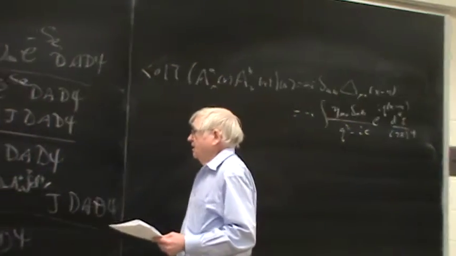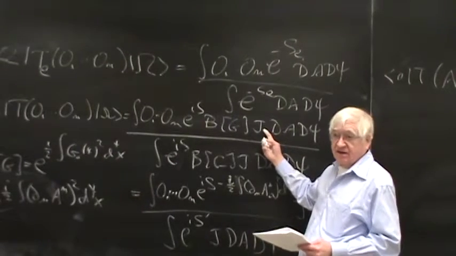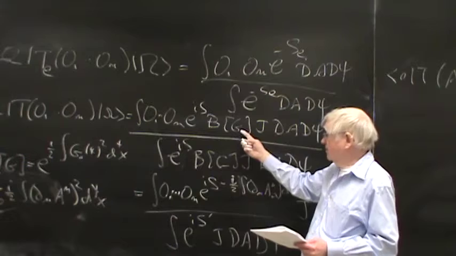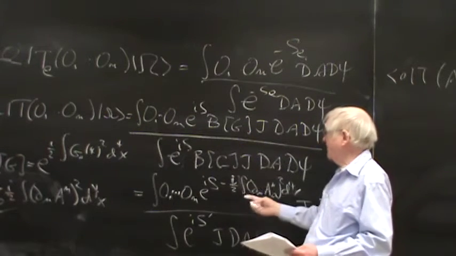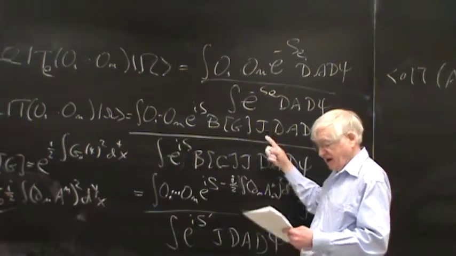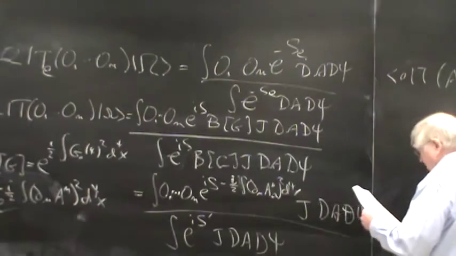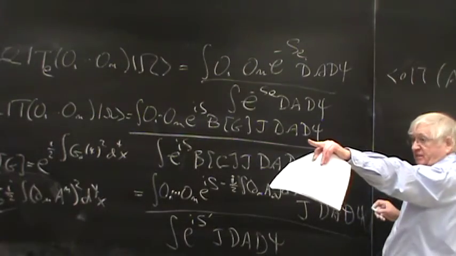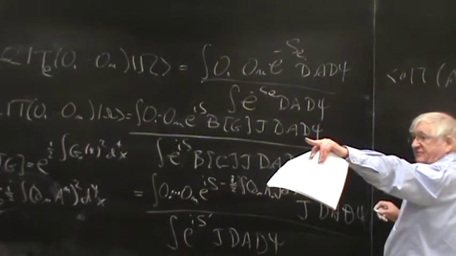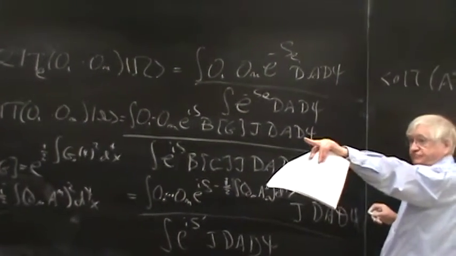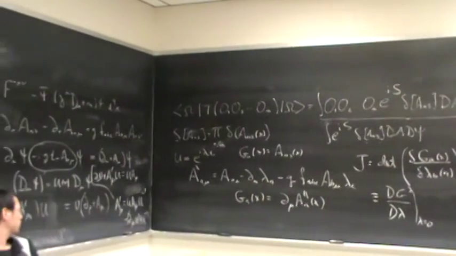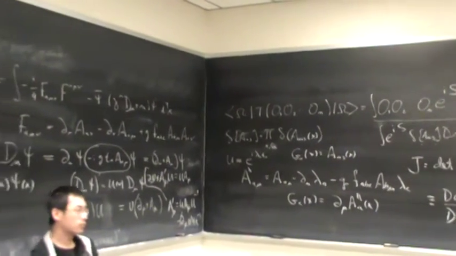However, we still got the J, and that was the Faddeev-Popov contribution, namely that we use the B of G to get nice propagators, but we have to compute J. And what's J? Well, I wrote down what A lambda was. It's that formula in the lower left corner there. You see the formula in the lower left. Well, I could go down here and just underline it.